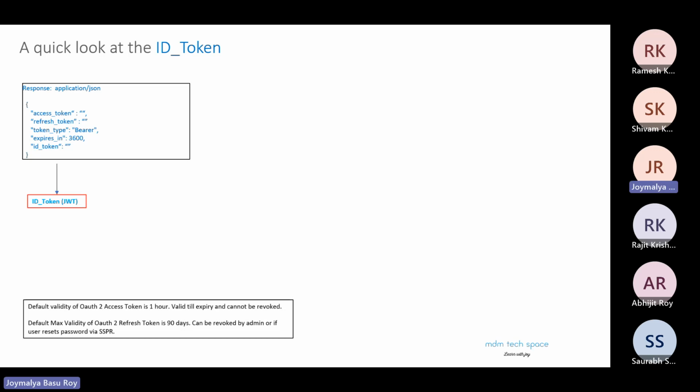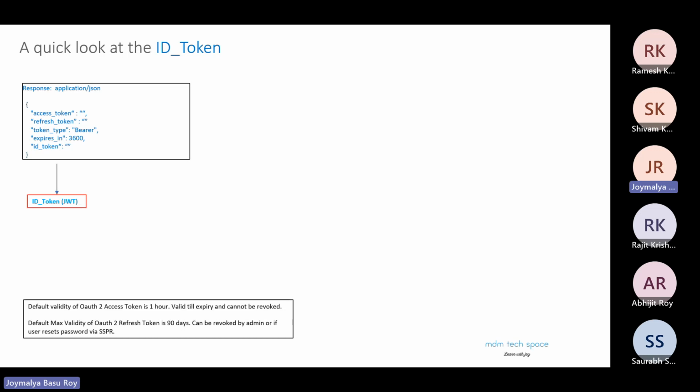As I said, access token is valid for 1 hour. The default validity of a refresh token is 90 days, but it can be revoked by the admin, or when the user resets the password via SSPR, the refresh token is negated. The other way to negate a refresh token is by clearing the application cache. If you delete the app cache or app data, the refresh token is lost.